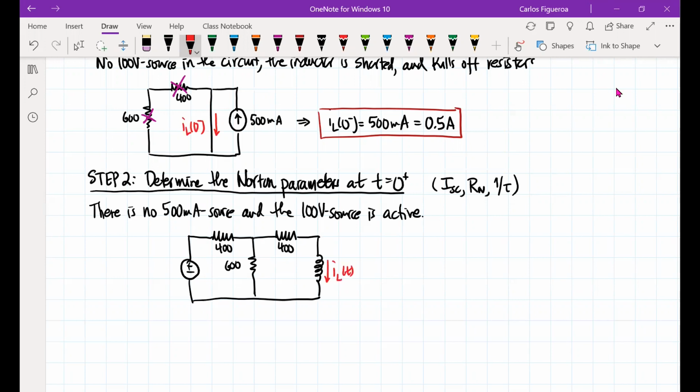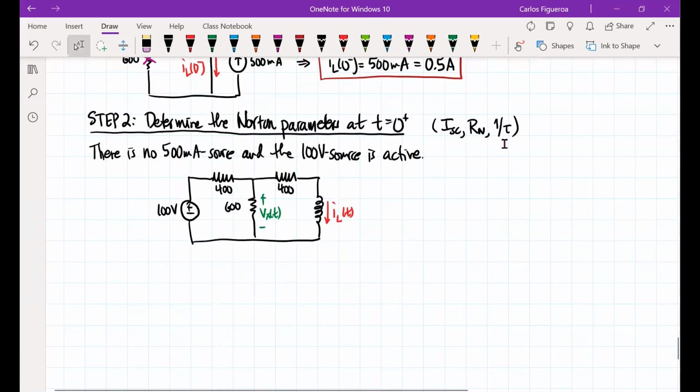Now, when I look over here, this is ultimately the voltage that we're looking for. Okay, so that's my circuit now. That's the one I've got to pay attention to. So here we go, let's do it.